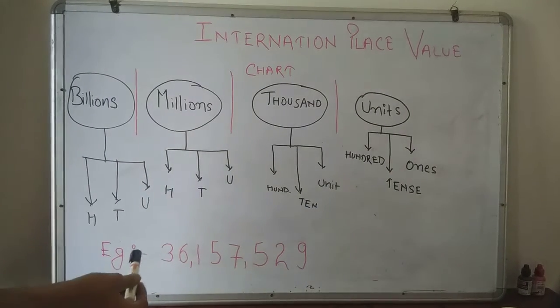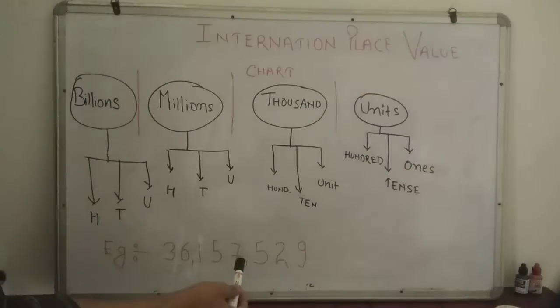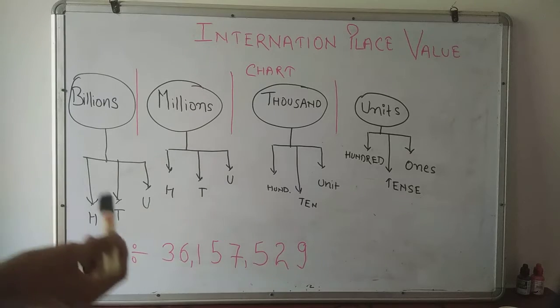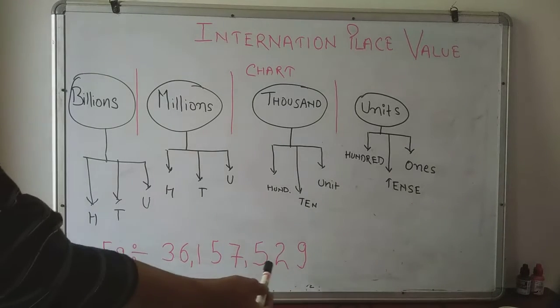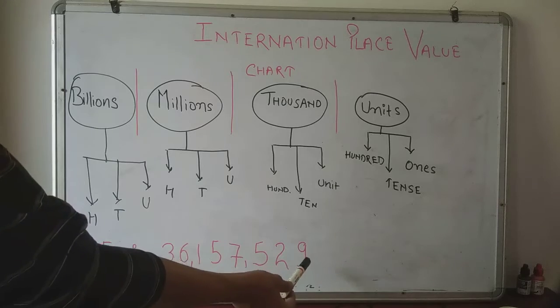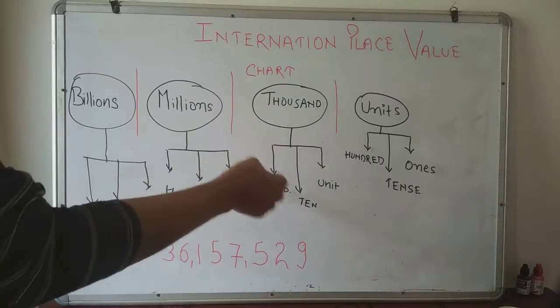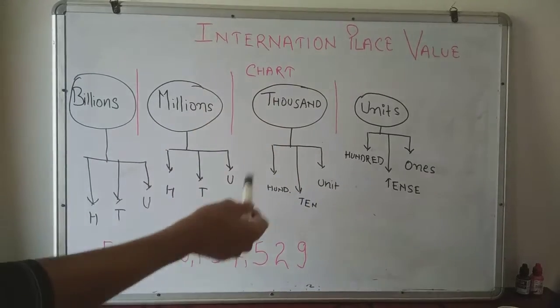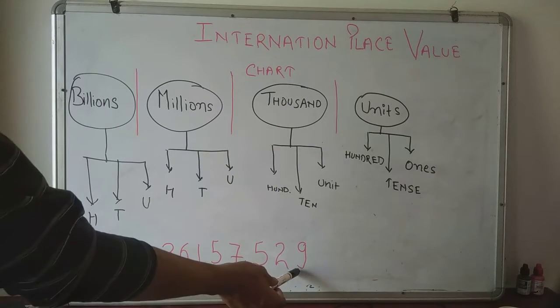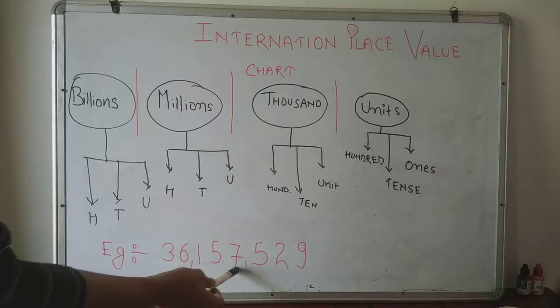So if these numbers are present in the international place value chart, then how can we read them? First of all, mark the period value according to its place. For example, if we are going to use the international place value, then we make periods with a distance of three digits.